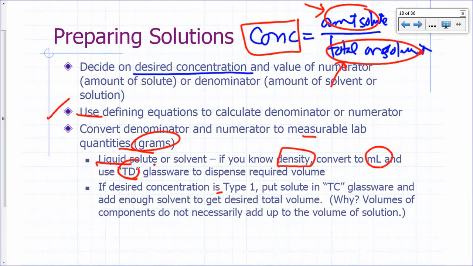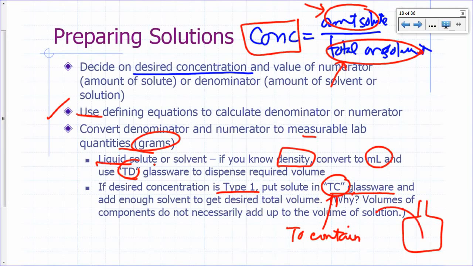Now, if your desired concentration is of type 1, your denominator would be volume of solution. What you would have to do is put your solute in a piece of glassware that's marked TC. TC means to contain. An example of that is a volumetric flask. You put however much solute you need there, and then bring it up to the mark.